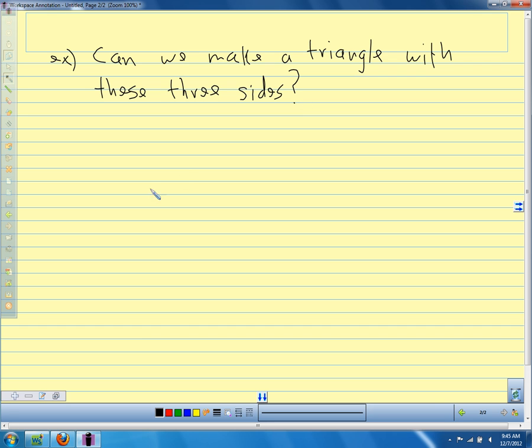So for the first example, we have 14, 8, and 25. We want to know if these could be the side lengths of a triangle. So I'm going to add up 14 plus 8, which is 22. 22 is less than 25.